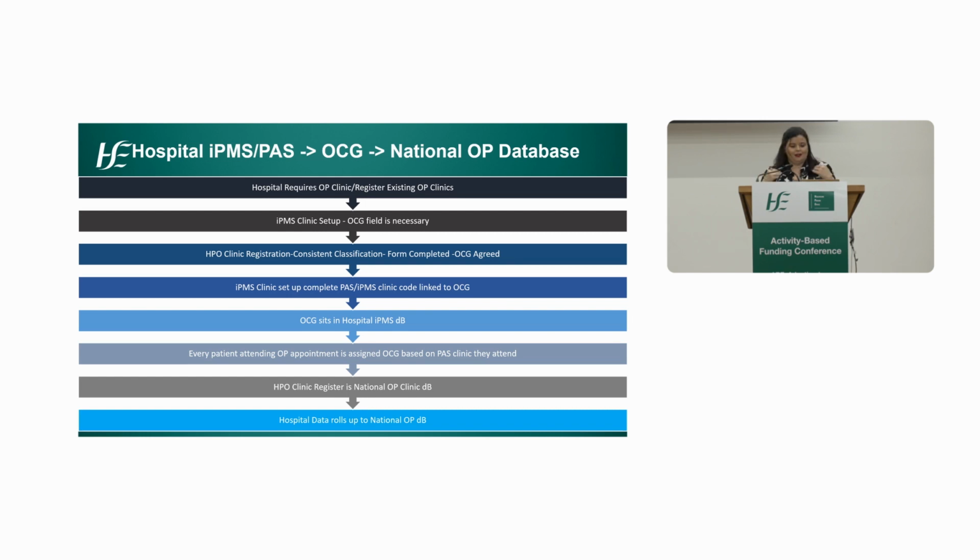You're done. Every patient attending for an appointment will be assigned the OCG based on what's on the PAS or the IPIMS clinic code. It'll just be sitting there in the back that it can be pulled. You then have your clinic register, becomes your national outpatient clinic register in terms of services and what's operationally happening. And each hospital then rolls up to a national outpatient database. The same way we have HIPE with our DRG, we'll have outpatients with our OCG. And then we can actually do our modelling of our data.